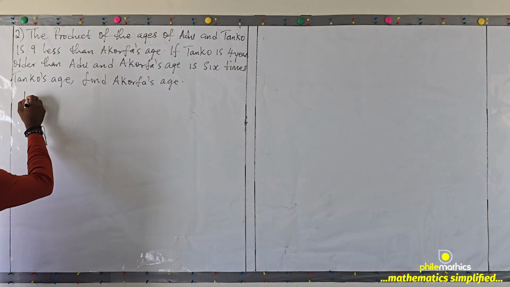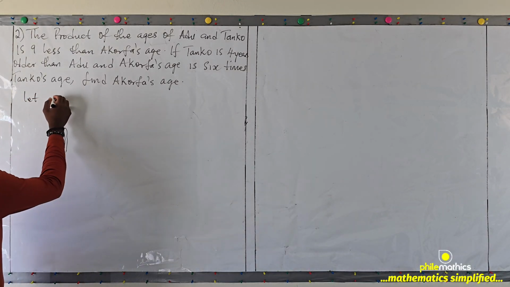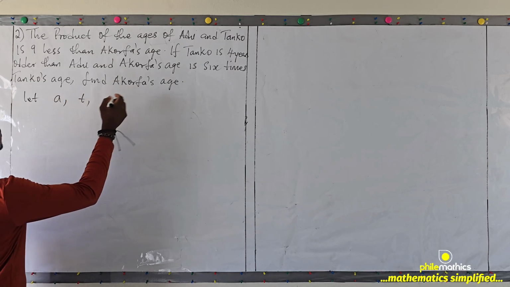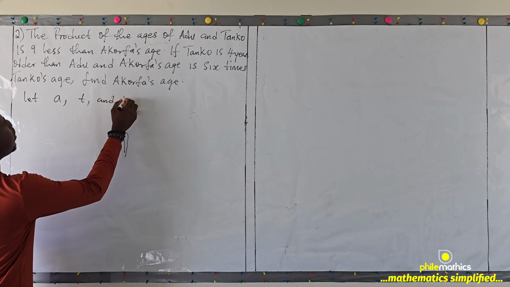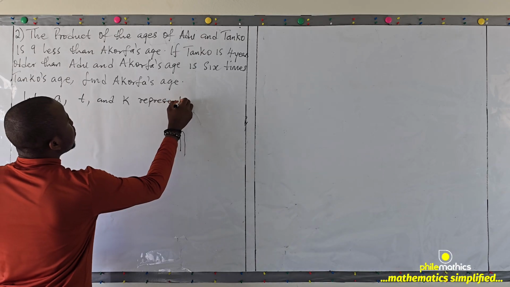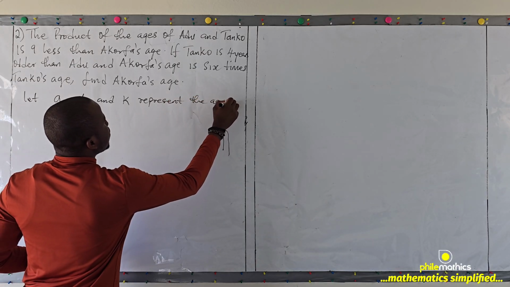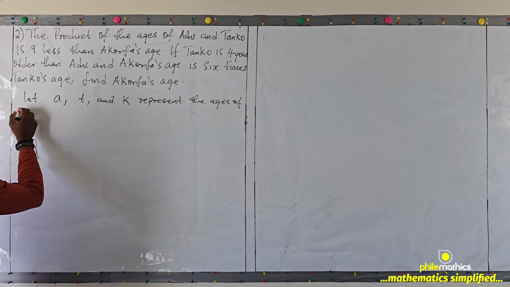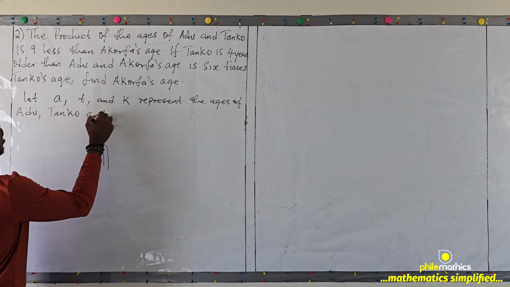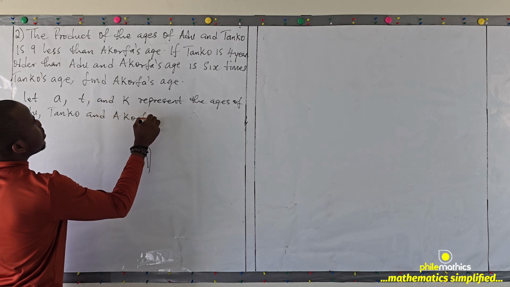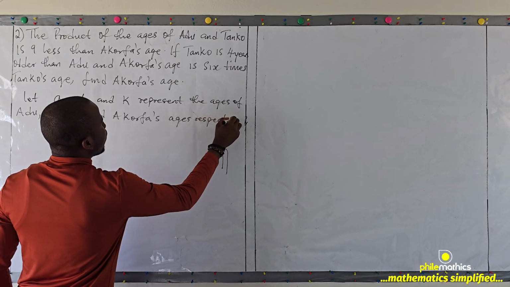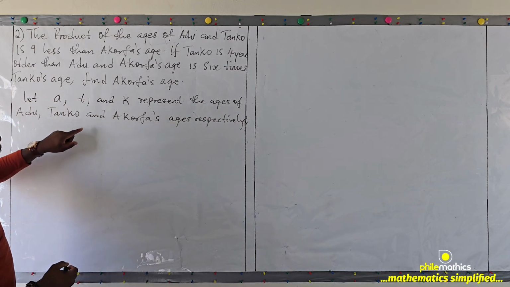So let A, T, and K represent the ages of Adu, Tanko and Akofa, respectively. Now let's take it bit by bit.